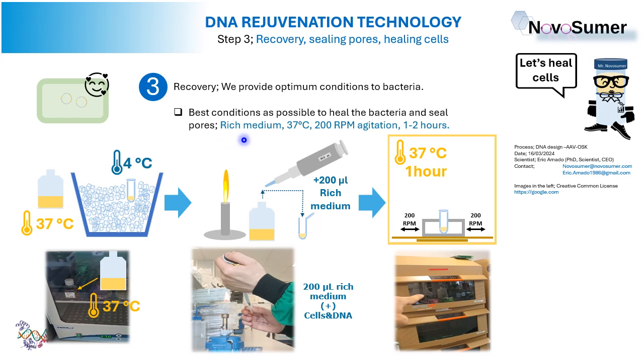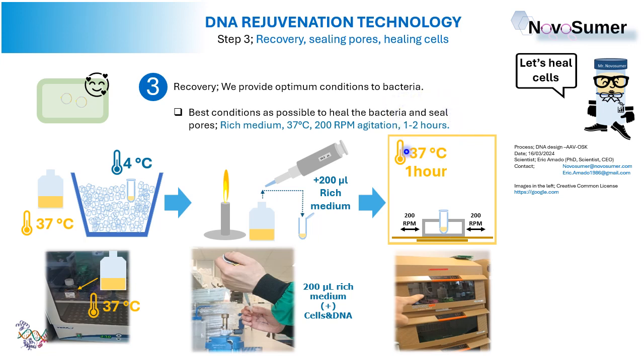That is a medium with a lot of nutrients, a lot of food that they like, at 37 Celsius degrees, as the human body. 200 RPMs agitation. That means we create some movement, a smooth movement of 200 RPMs. And we will leave the cells for 1 to 2 hours.